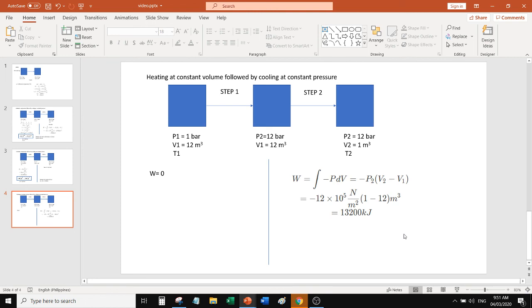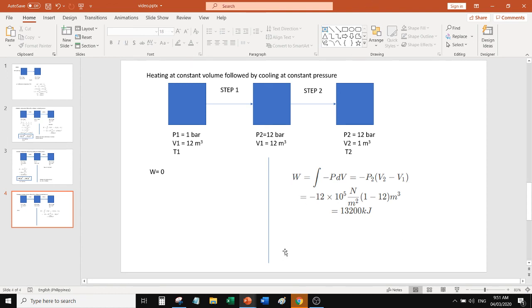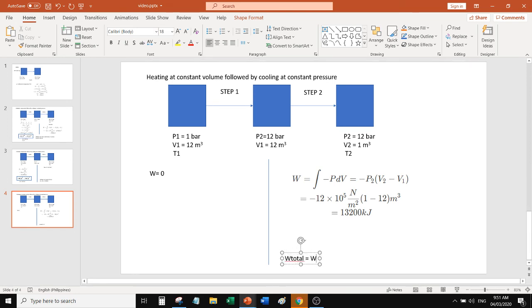So let's solve. A shortcut to solve for Q would be, let's solve for W total first. So that's W1 plus W2. Since W1 is 0, that's just equal to 13,200 kilojoules.